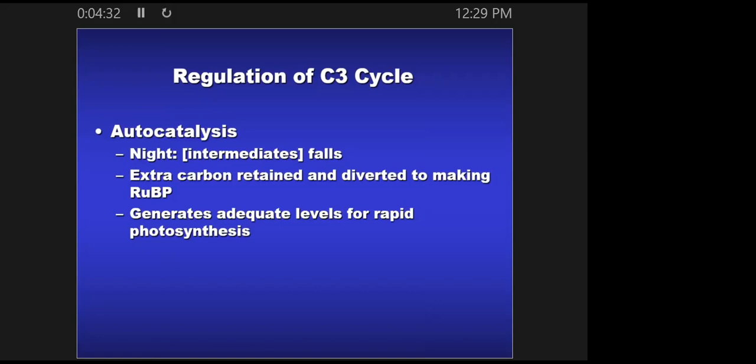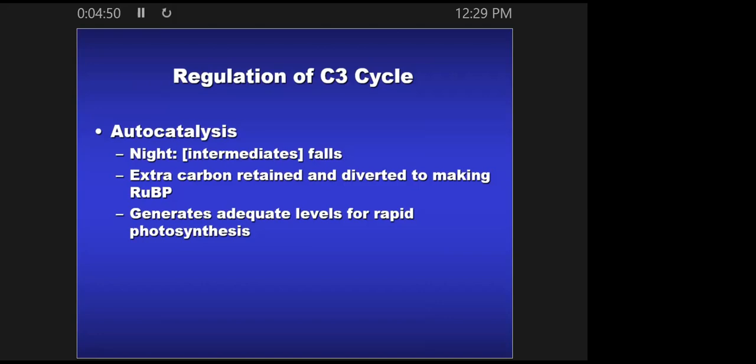And basically the big picture idea of this is that they have a way to regulate to make sure that RuBP levels don't crash overnight. That's the big picture idea I want you to grasp with this.